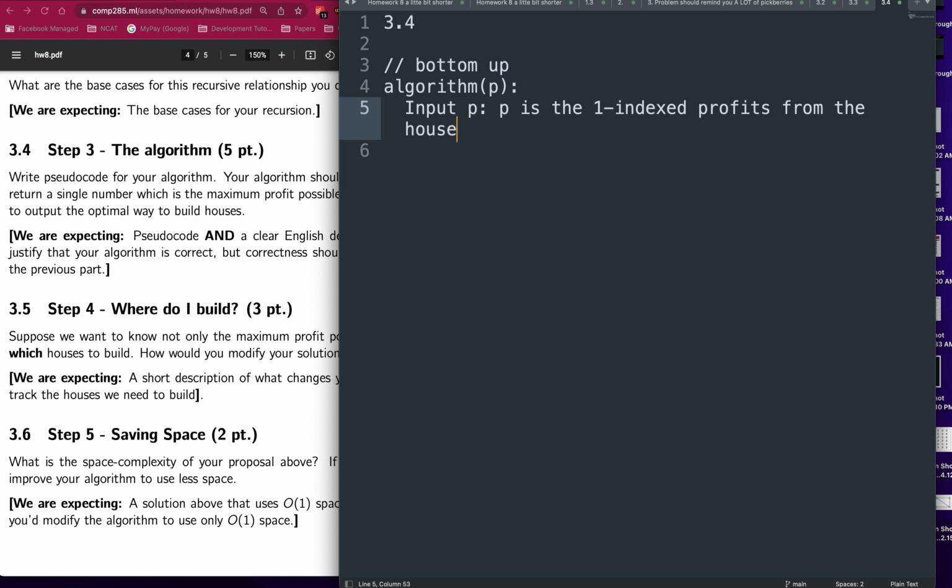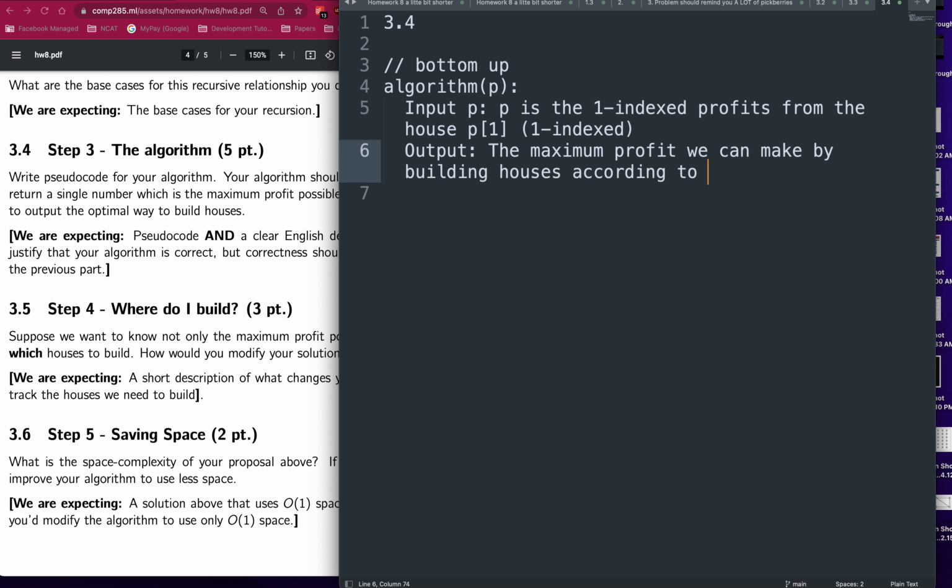According to our problem, P1 is like our 0th house. It starts at 1, which is kind of weird, but that's how the problem is given. Then the output is going to be the maximum profit we can make by building houses according to the rules given.